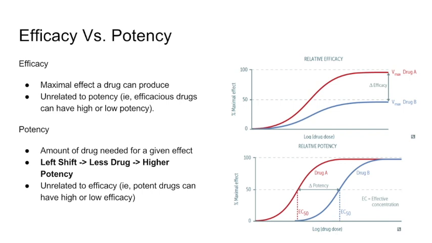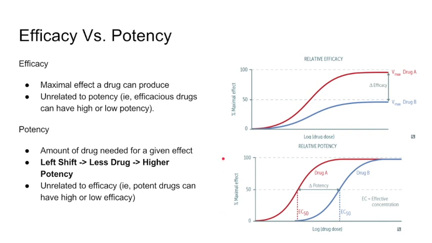Now, the next thing is potency, and it's very important to be able to differentiate and talk about both efficacy and potency without confusing the two. They are not related. Well, they are independently related, but they're not the same thing. Potency would be like saying you have two drugs, drug A and drug B. We'll keep with the same scale.